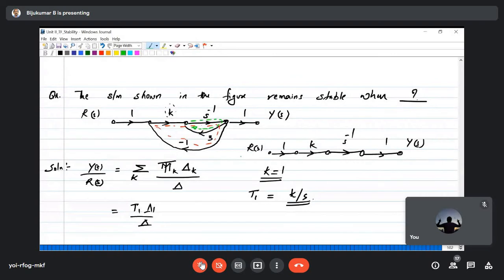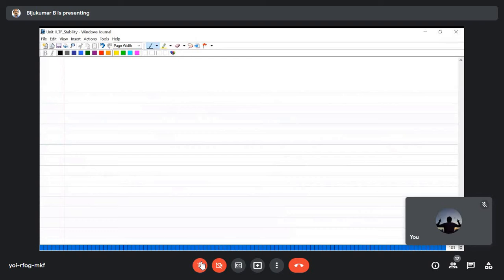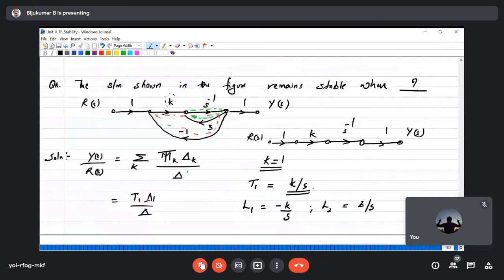What is the loop gain? The first loop gain becomes minus K by s, and the other loop gain becomes 3 by s. Now you have to find how many 2 non-touching loops and 3 non-touching loops there are.